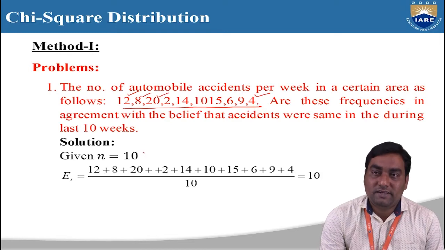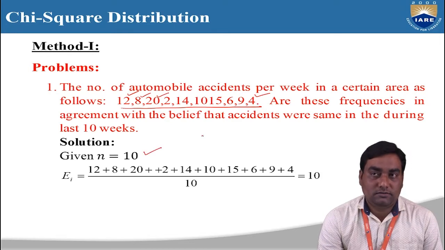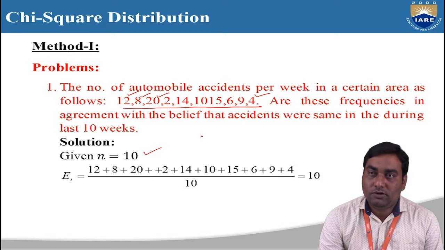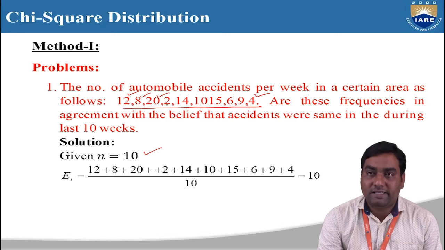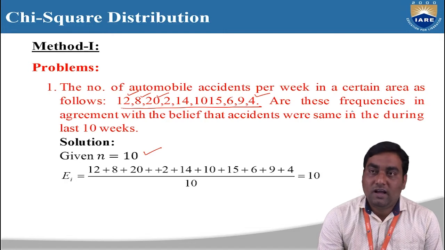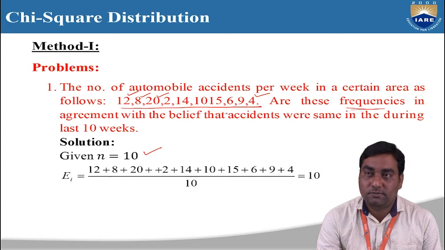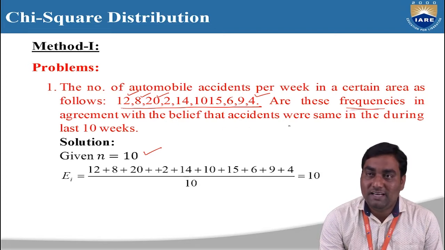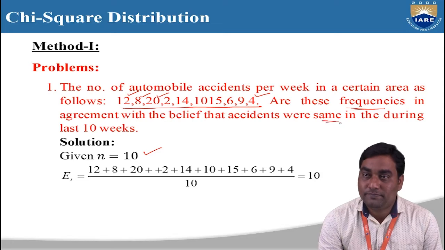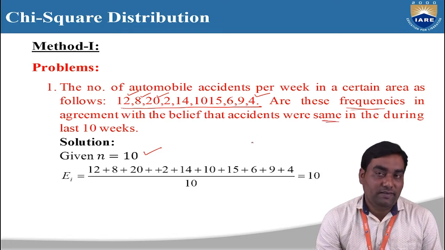Total 10 observations are there, n equal to 10. Is this data in agreement with the belief that accidents were the same during the last 10 weeks?